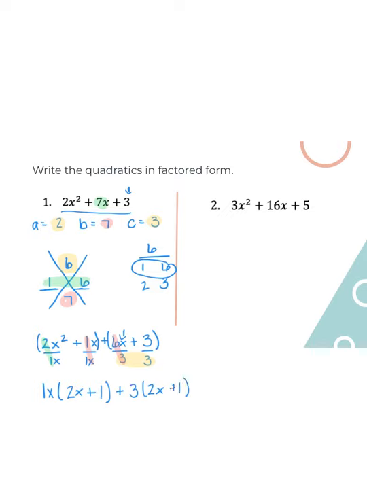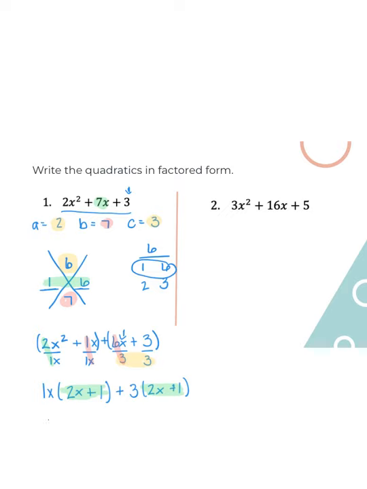Okay, now that I have that, when you're done, your insides should match. So when I'm looking at my insides, if this 2x plus 1 matches this 2x plus 1, you know you did it right. Those have to be the same. So to finish this off, I'm going to take what's on the inside that are the same.